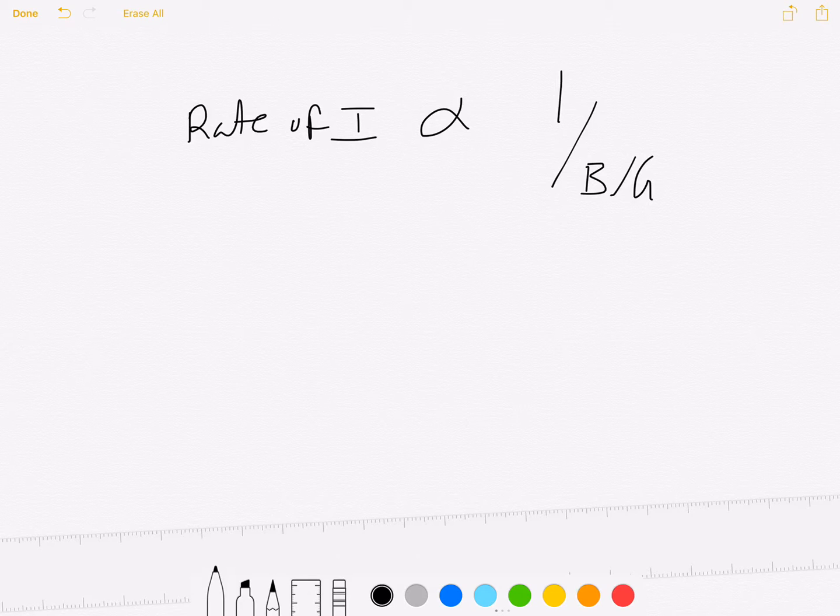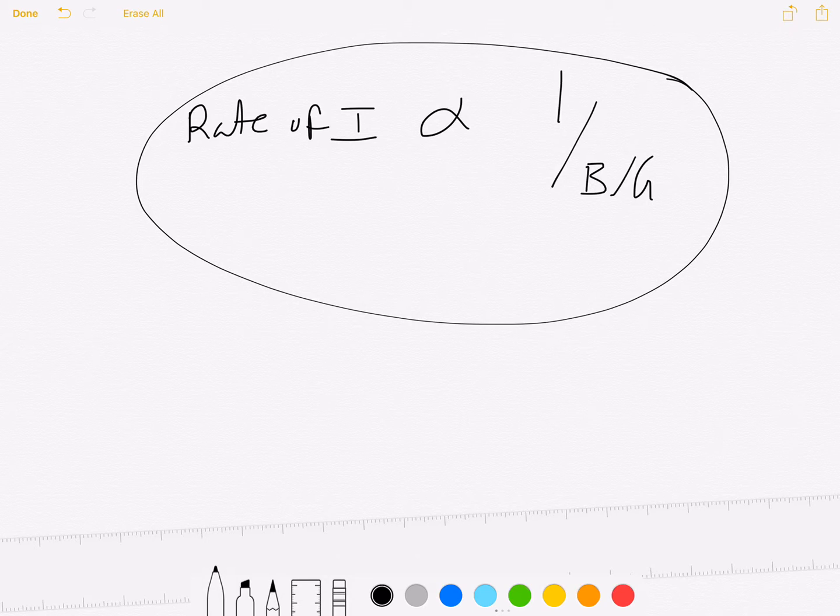Less soluble gas, faster the rate of induction. Now, when I say that, ideally I should also say, provided the other factors do not change. So this is our conclusion from this lecture. The rate of induction is inversely proportional to the blood gas partition coefficient.